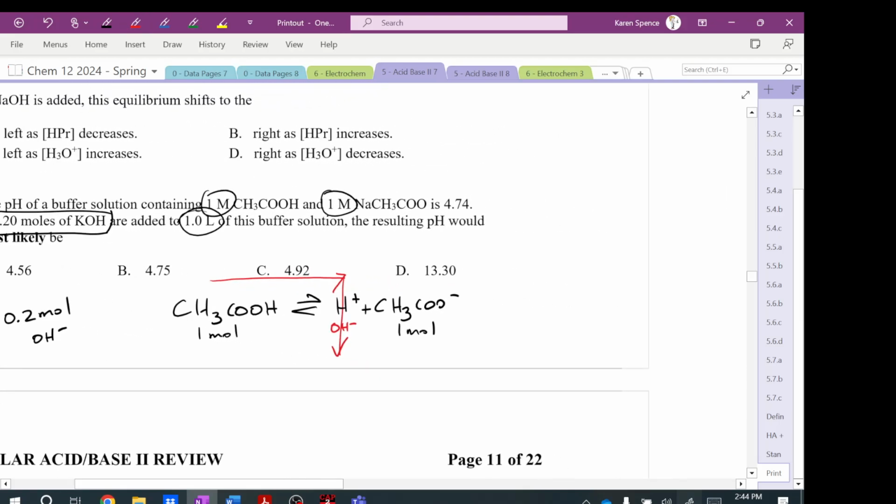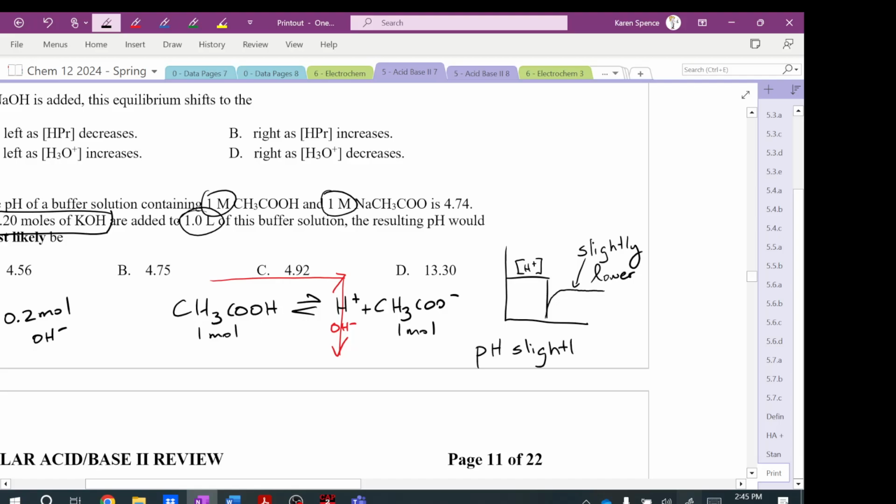So what that means is that my concentration of hydrogen goes down, but then as we shift to the right, it goes back up and it finishes below, so it is slightly lower. Which means, what about the pH? The pH will be slightly higher.